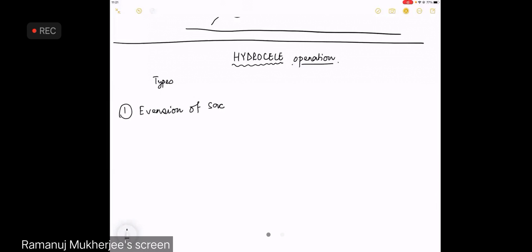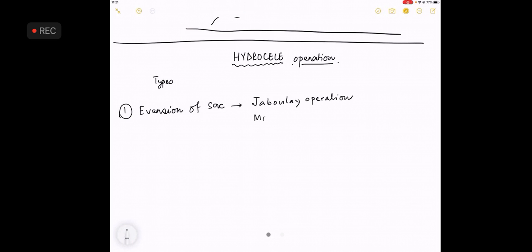This operation is technically called Jaboulet's operation and modified Jaboulet's operation.